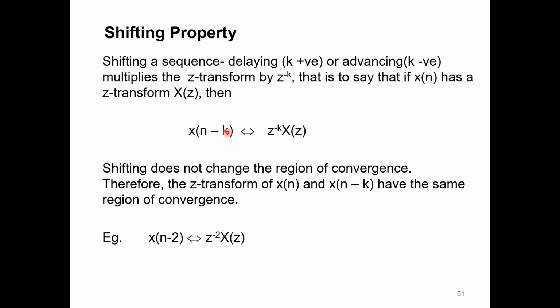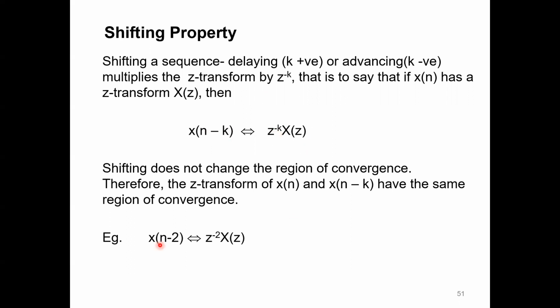And if you think, okay, I have to work out the z transform from first principles, you're wrong. You don't have to do that. You can get the z transform of the unshifted sequence, without any shift, you have already worked it out. So just put in front of that z to the minus k. That's all what you need to do.